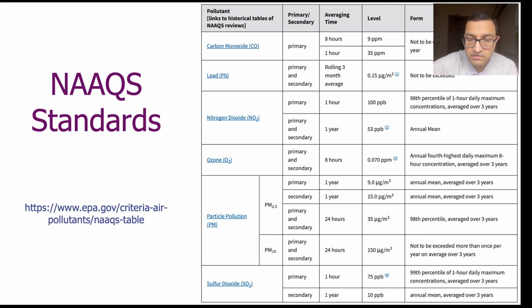Anyway, these standards can be viewed at the EPA website, and you notice there are different units. These have ppm, ppb, microgram per meter cubed, and in our previous lecture we discussed some of these units, so we have a better idea of what these units mean.